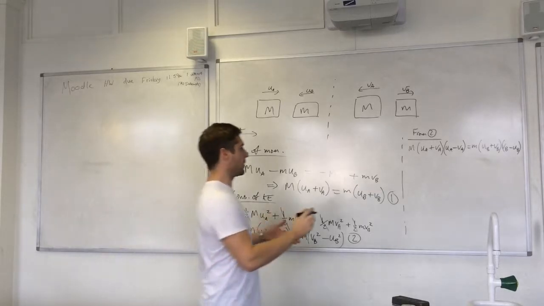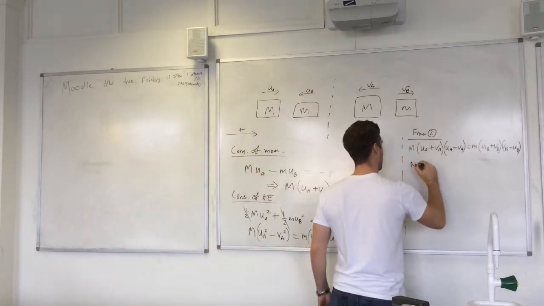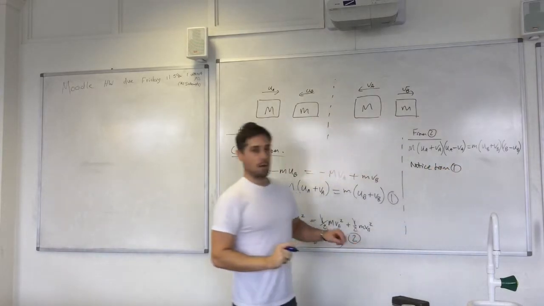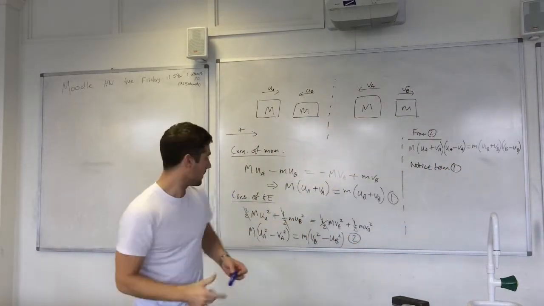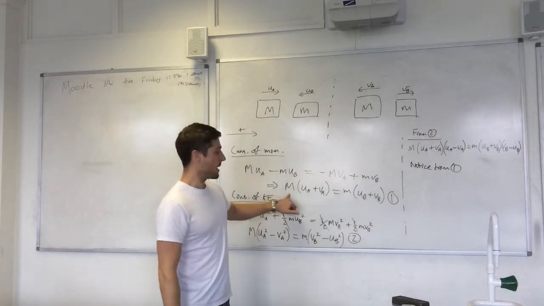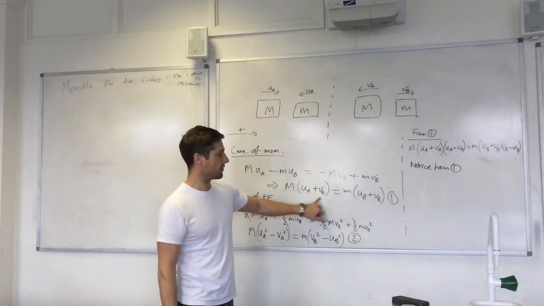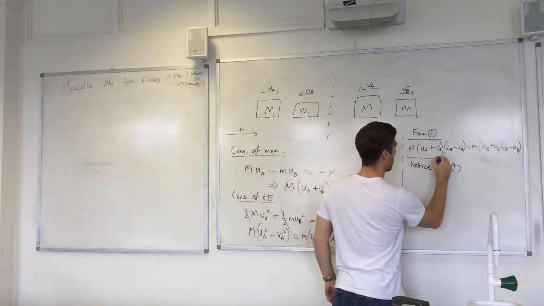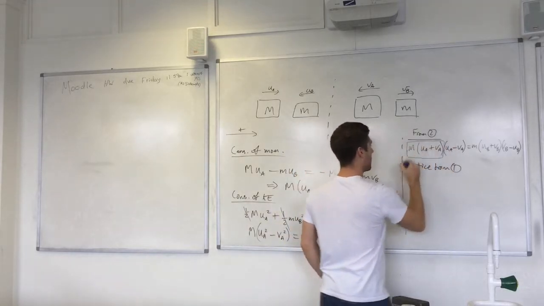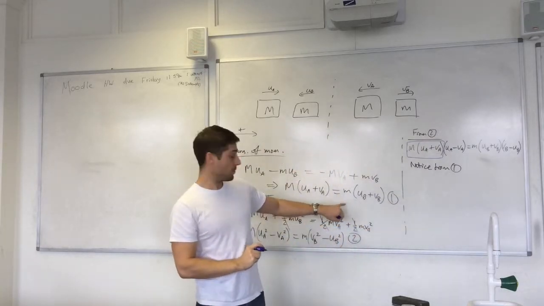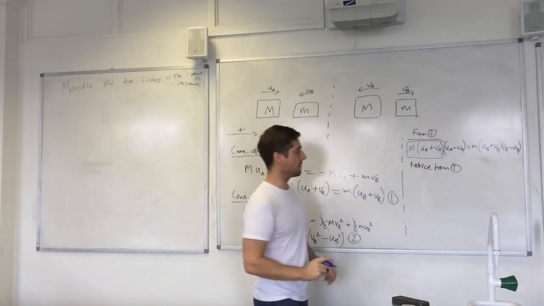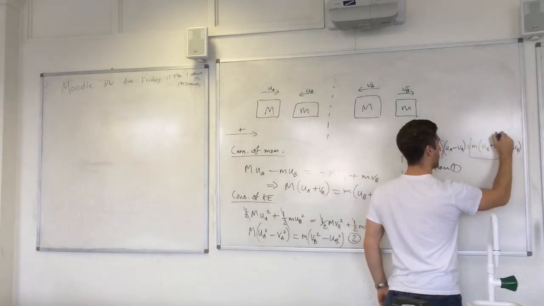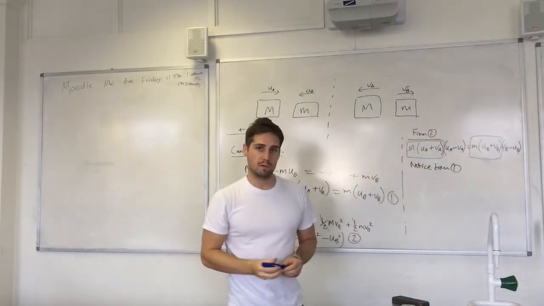Now notice from equation 1 that M(UA plus VA) is this term here, is equal to m(UB plus VB), that term there. Those two terms are equal.